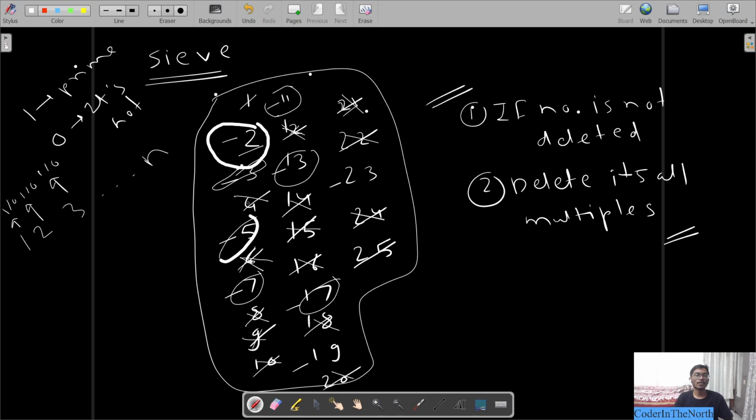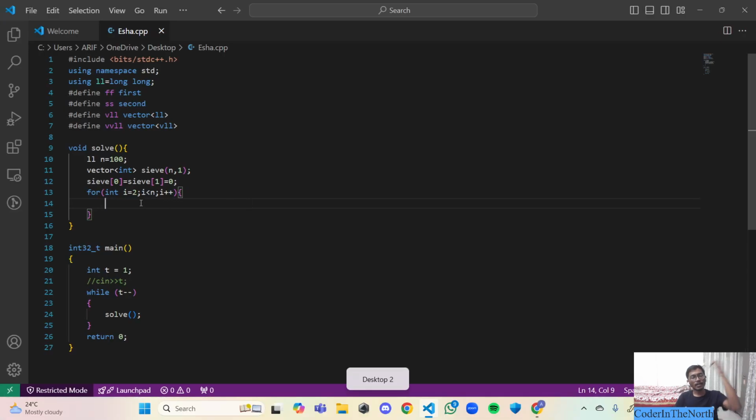So in this vector, how can we know that the number is not deleted? If sieve of i equals 1, what does it mean?